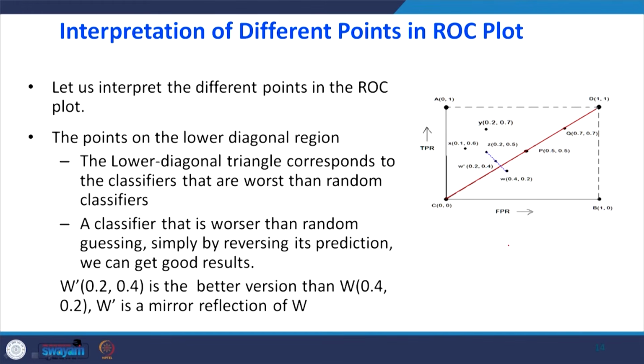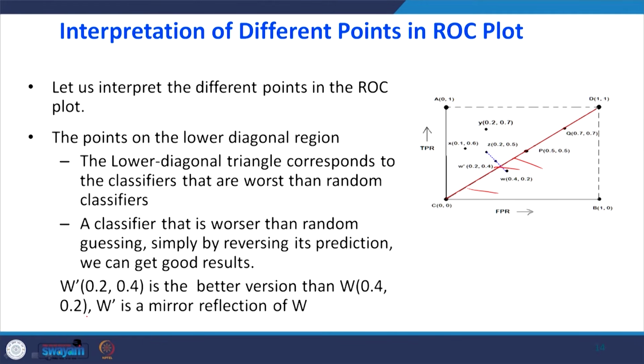Now let us interpret the different points of the ROC curve. First we will see the points on the lower diagonal region. Previously I have explained the upper diagonal region. Now we will look at the points in the lower diagonal region. The lower diagonal triangle corresponds to classifiers that are worse than the random classifier, because this side is not good, it has a high false positive rate.